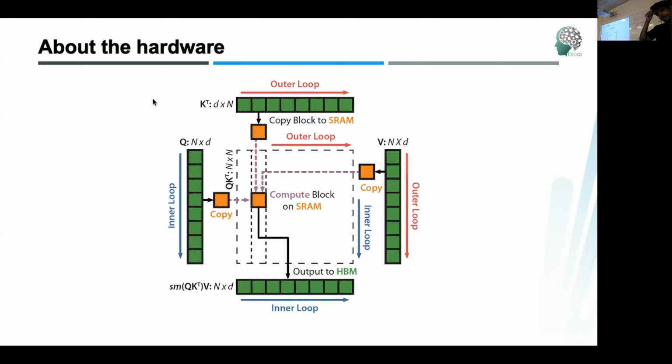So here we have the algorithm for flash attention, where instead of writing the self-attention scores to the high bandwidth memory every time, we break the query, key and value matrices into small chunks, and these chunks are then calculated in the SRAM, which is really, really fast.